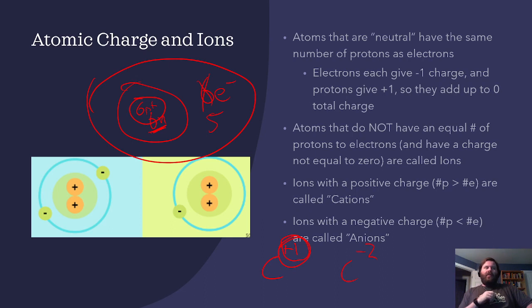And that is the entire concept of an ion. If they don't match up, if it's not neutral, it's called an ion. And just a little bit of vocab here. Cations are a positive charge, so that's like carbon +1. Anions are a negative charge, that's like carbon -2.